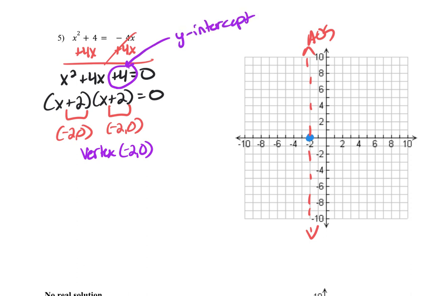I go to positive 4 on my y-axis. I put a point. That guy is 2 away from the axis of symmetry, so now I get to match a point on the other side, 2 away. I connect, and there's my parabola. I have one solution because it's only touching in one spot. My solution is x equals negative 2.